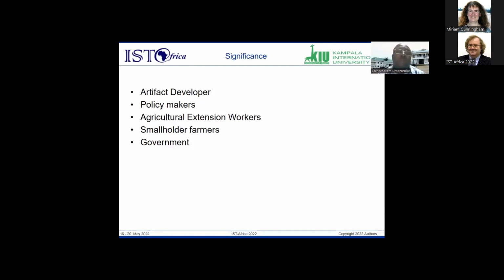When fully developed, the products will be useful to policymakers, agriculture extension workers, smallholder farmers, and the government at large.